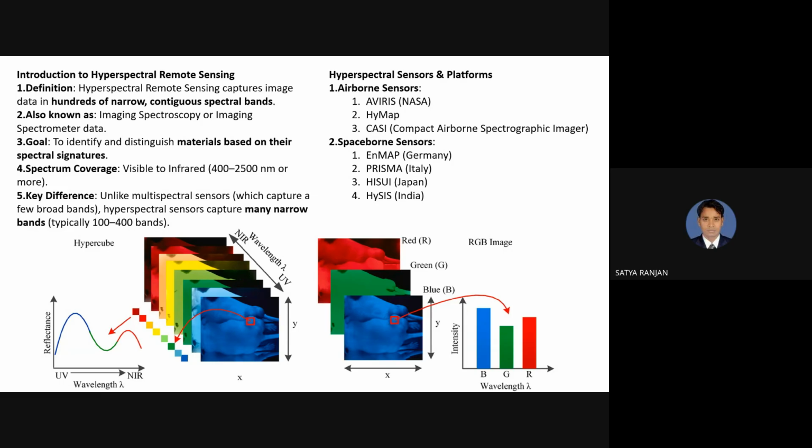More than 200 bands means what? Suppose there is a blue band; in multispectral there is only one blue band. If we want to convert it to hyperspectral, then 40 to 50 bands are used for that one blue. How 40 to 50 bands? Suppose 0.4 to 0.5 micrometer is the wavelength of the blue band, and within this, very narrow wavelength bands are created, so many spectral bands are created.